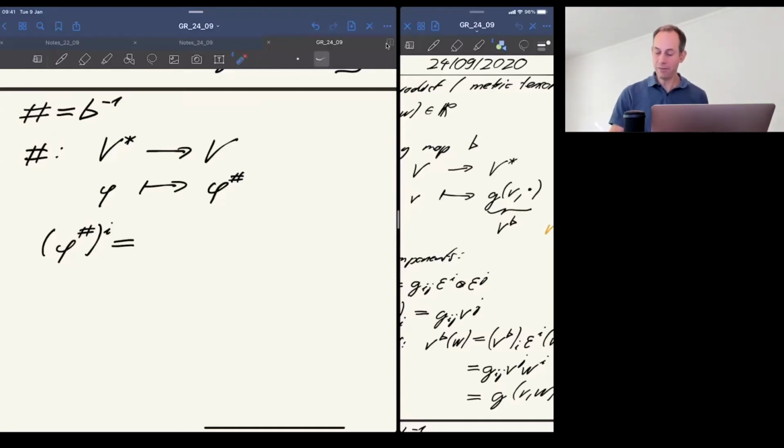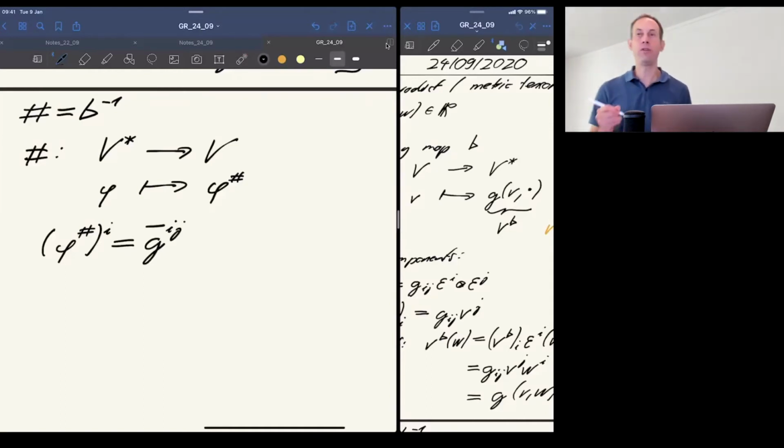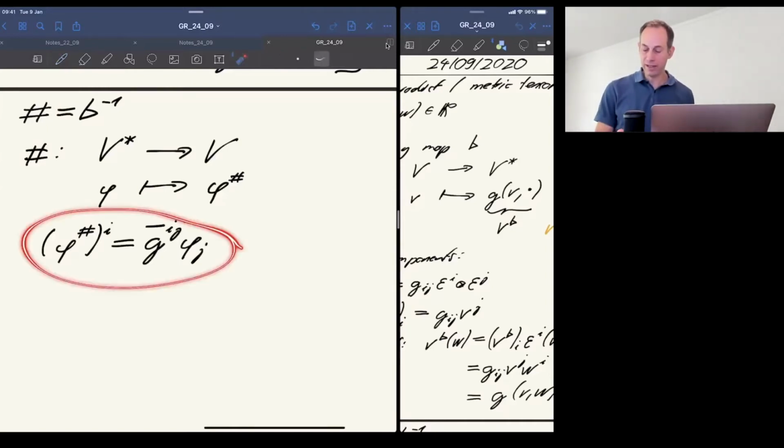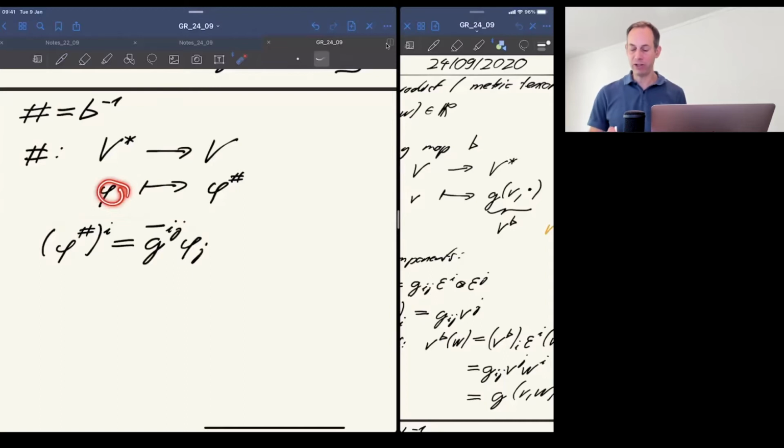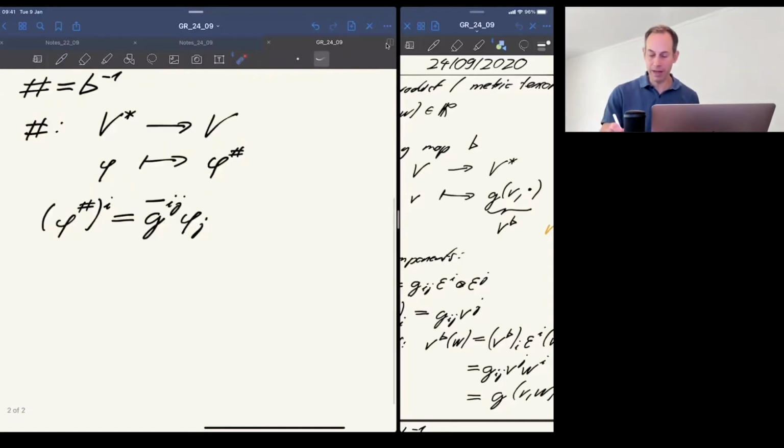And for any linear map, I can write that the components of the outcome are given by some coefficients, which I call G bar. This is a priori not related to G. I don't yet know what it has to do with G, but I call it G bar, times the components of the original vector. So that's just to say that this map is essentially linear, and these are the coefficients of this linear map.